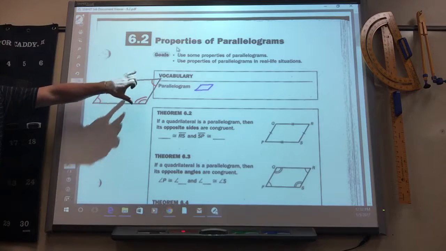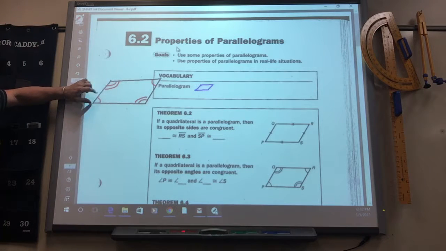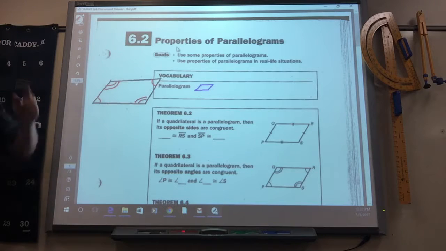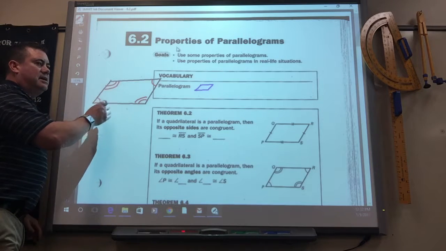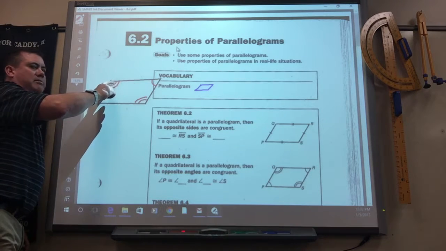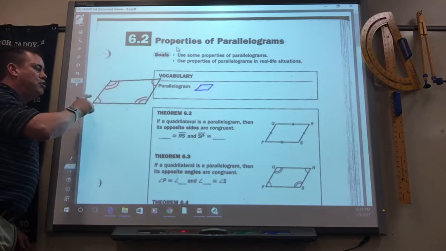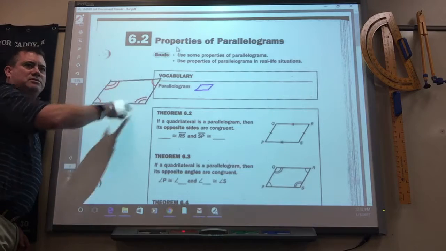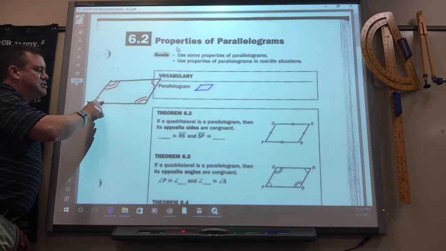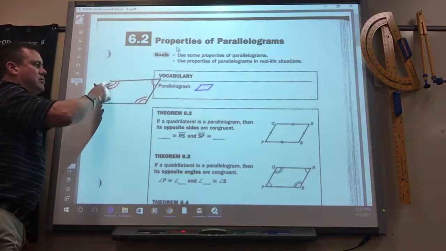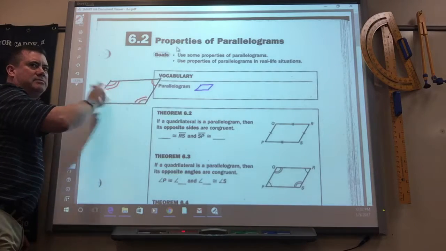Now, since these two lines are parallel, these are same side interior angles. And what do you remember about same side interior angles? They add up to 180. So any consecutive angle will add up to 180. These two, these two, these two, these two. So if you know one angle, you can find the others. If this is 60, so is that. This is 120, and so is that. Okay?